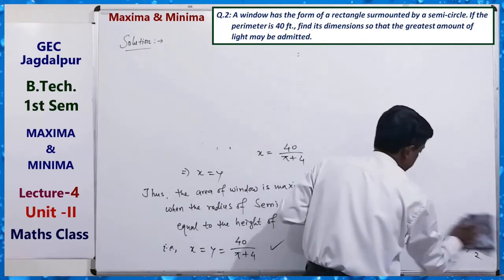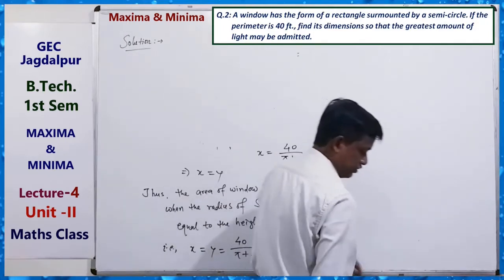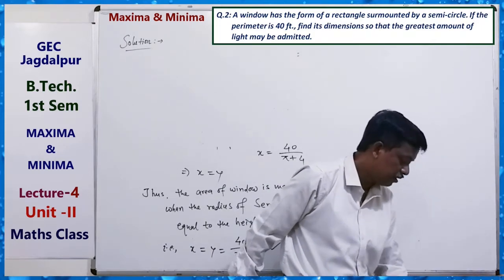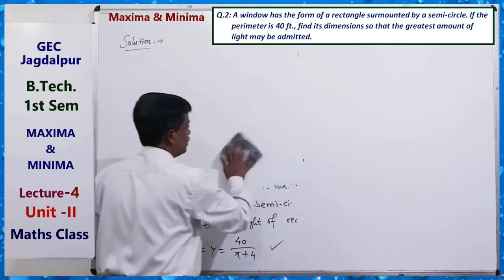Now take another question here. This question is: a rectangular sheet of metal, so very important question, note it down.